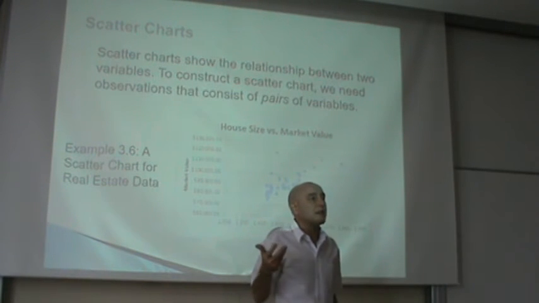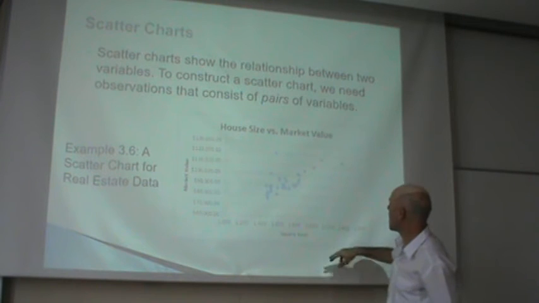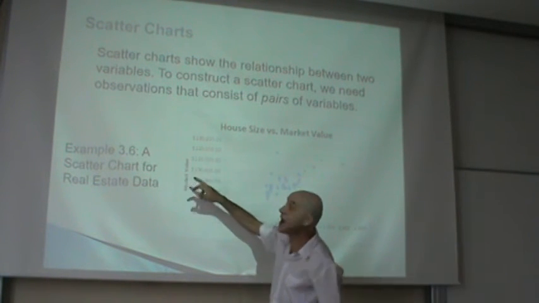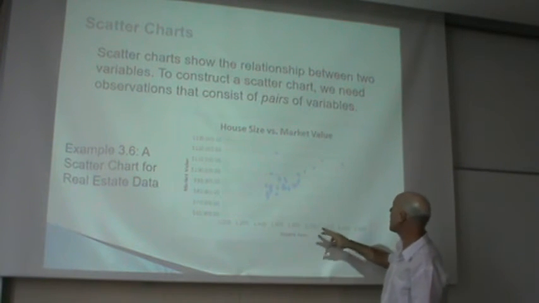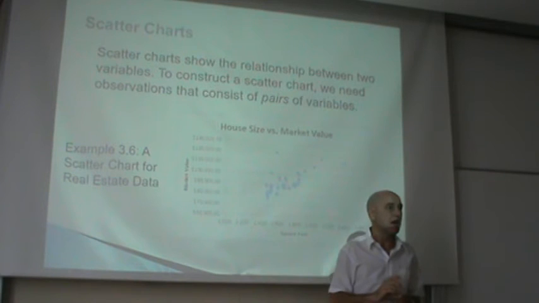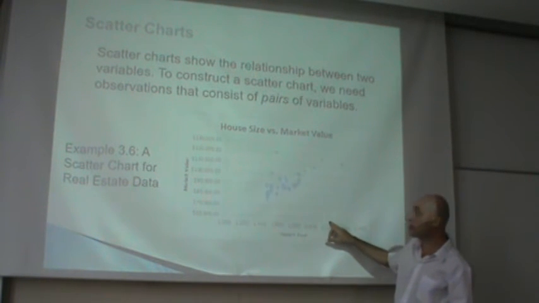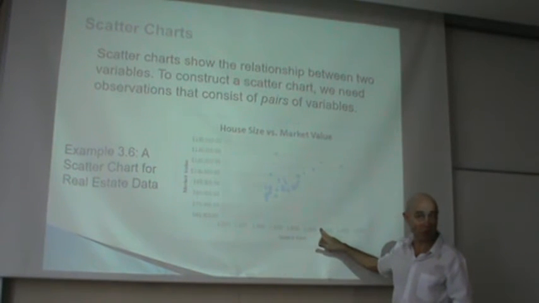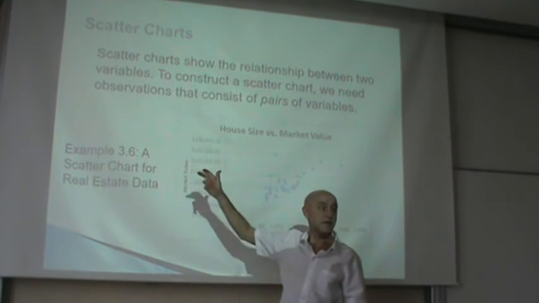Another, completely different type of chart will be a scatter chart. And scatter chart just tells you, well, this is what, let's say, the market value of a house is. And this is what the square feet of a house is. In other words, you can see that more square feet means bigger house, and this means more expensive house.